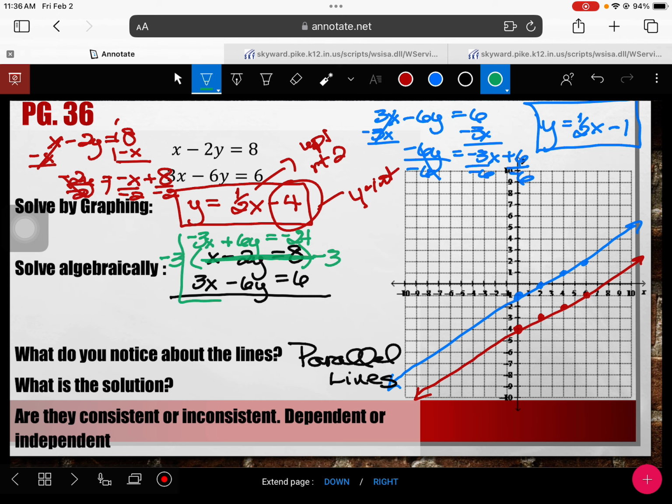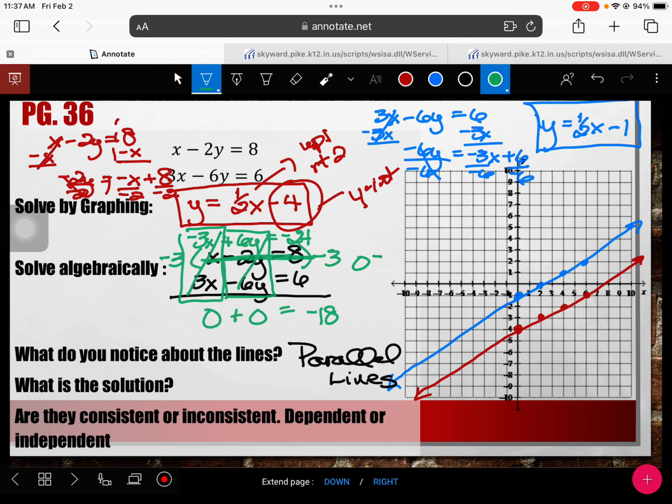So -3x and 3x, what happens with those? They cancel out to be 0. Oh, what about the 6y and -6y? Another 0. And then I get -24 plus 6. What does that equal to? -18.